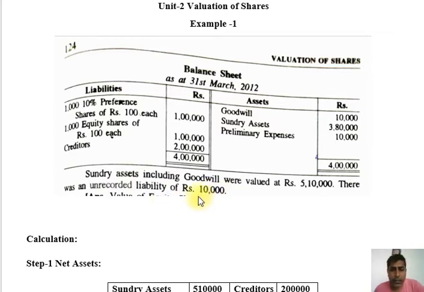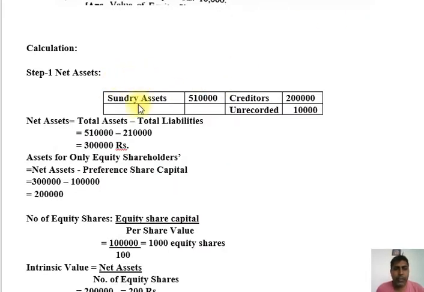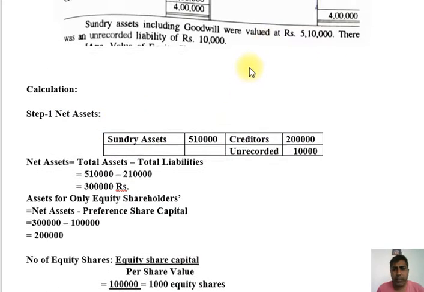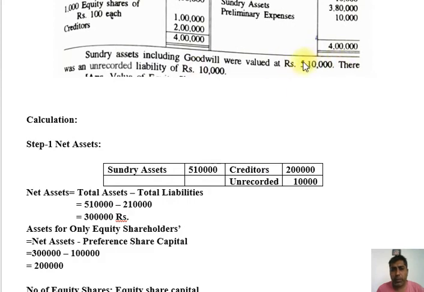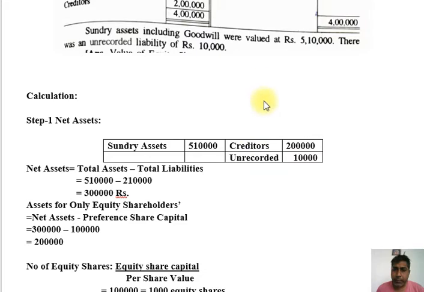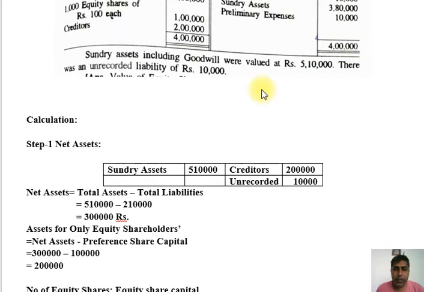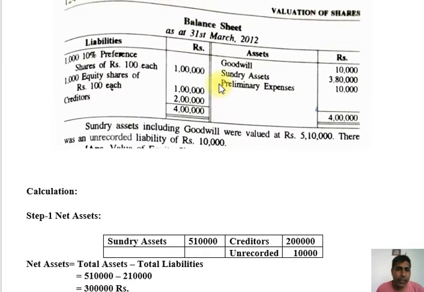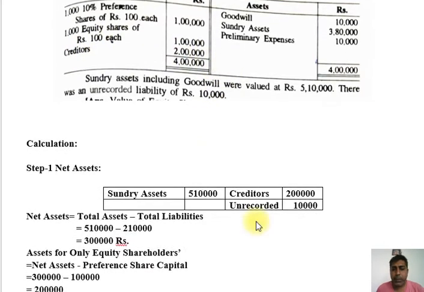Okay friends, here you can see I make the table. Sundry assets, because we are given a new value, 5 lakh 10,000 with goodwill. So I note down here 5 lakh 10,000. Then, dear students, we go to our liability side and see which are our liabilities. Only creditors, and it is 2 lakhs. So here we note down creditors 2 lakhs.